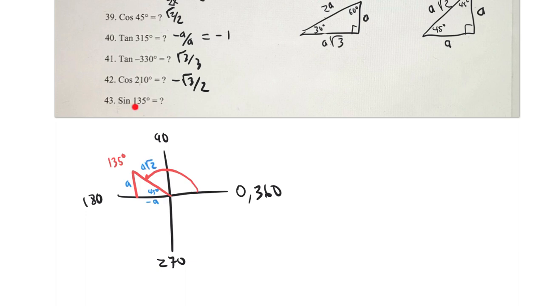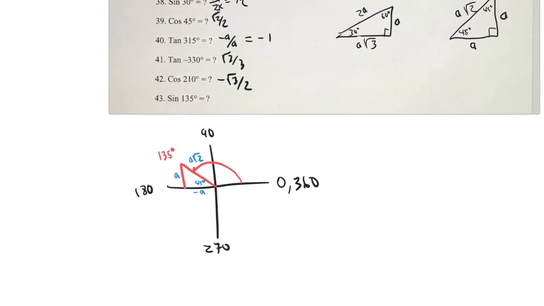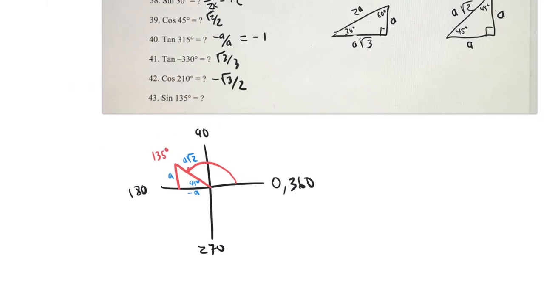They want the sine. The sine is opposite over hypotenuse, according to our structure. Here it is. Sine is opposite over hypotenuse. So therefore, we are going to put the opposite side, which is A, over the hypotenuse. So let's kind of do that off to the side. We have sine 135 equals A over A radical 2.